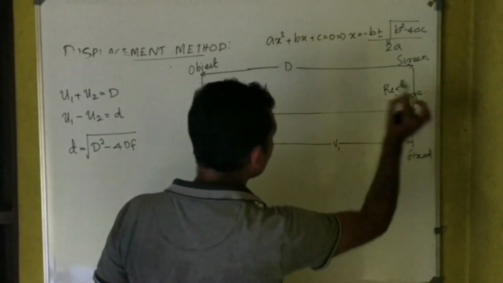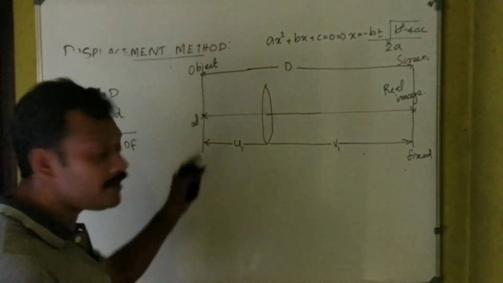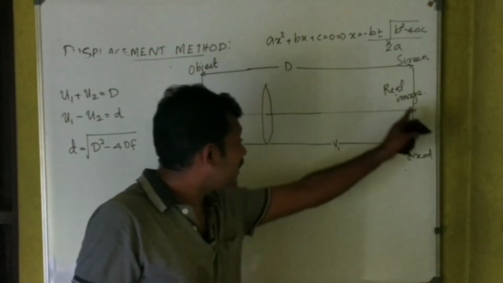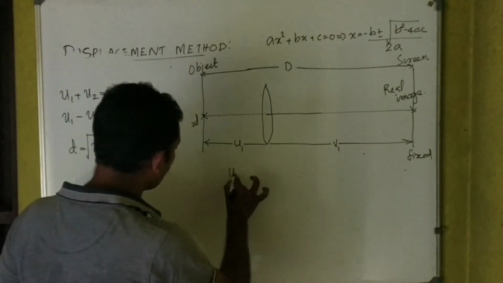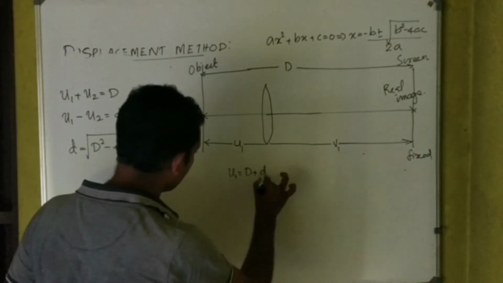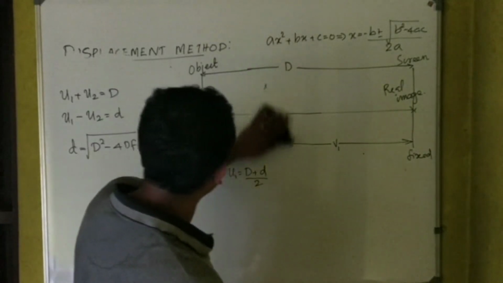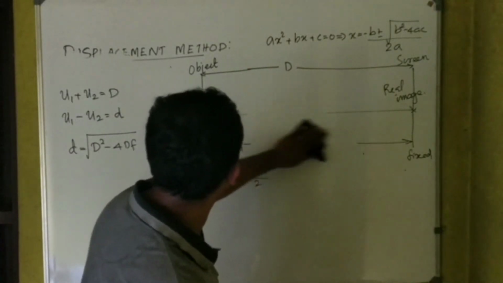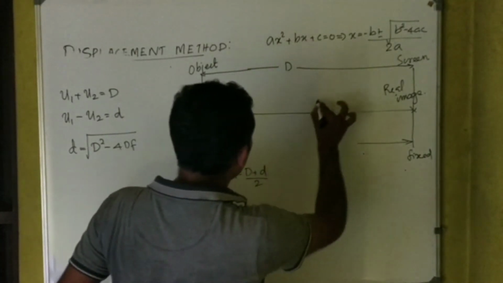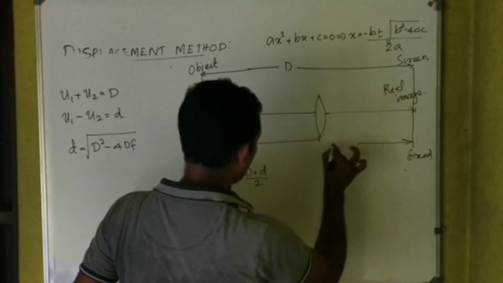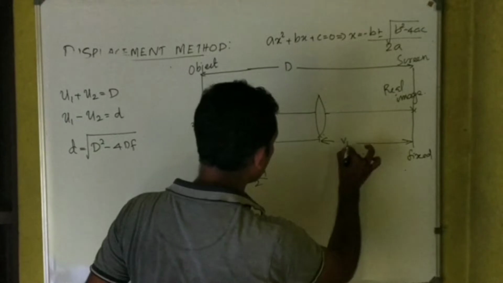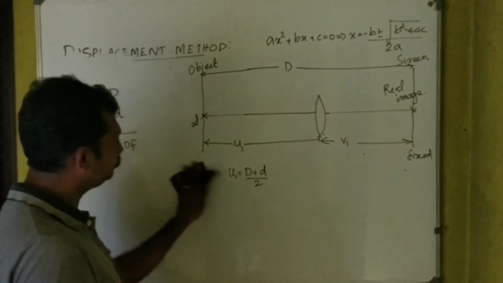We got an image on the board which will be a magnified image. Oh sorry, u1 is equal to what we wrote? u1 is equal to capital D plus small d divided by 2. Right? So I'm sorry, I have to draw u1 not here. In this case u1 is greater than v1. So this is u1, this is v1, right?